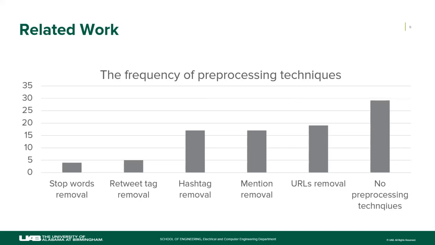Mention tags and hashtag tags were removed at least 17 times. The less common pre-processing techniques are retweets, tags, and stop words removal. There is one technique we wanted to apply that was done only once or twice, which is punctuation marks removal.